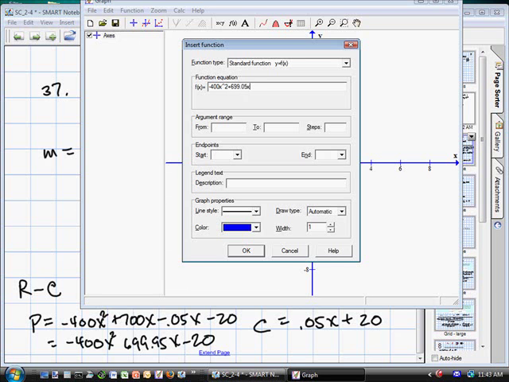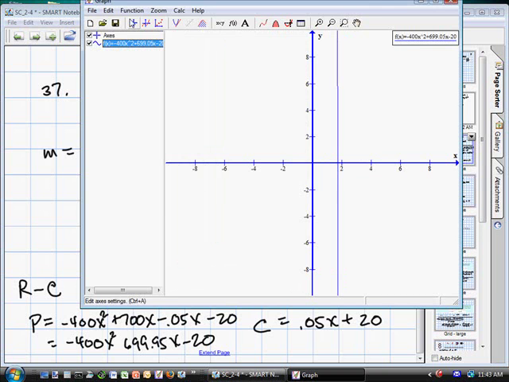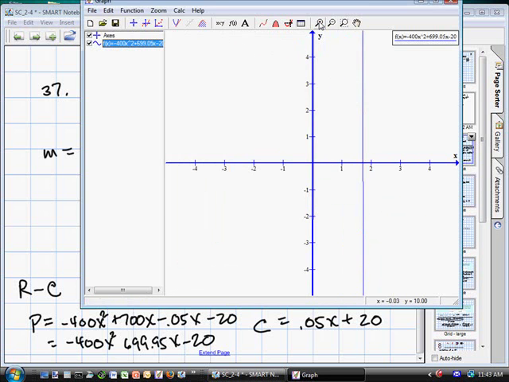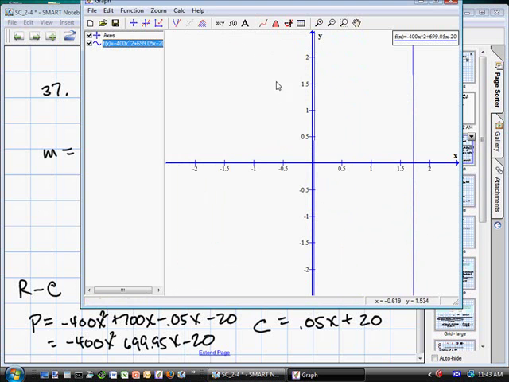And then minus 20. Okay, obviously we got to zoom out. Let's try in. And hang on a second, I can't remember, how do I... Oh, there we go.